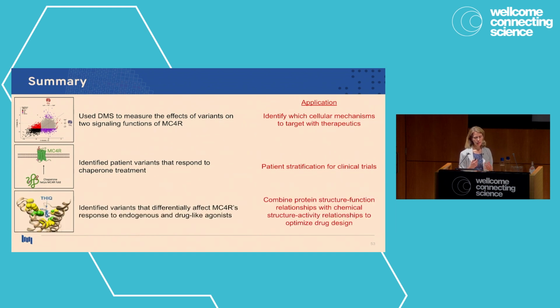And then finally, we identified variants that differentially affect MC4R's response to endogenous and drug-like agonists. And we think that combining these protein structure-function relationships with chemical structure-activity relationships could really be used to optimize drug design in a really meaningful way.